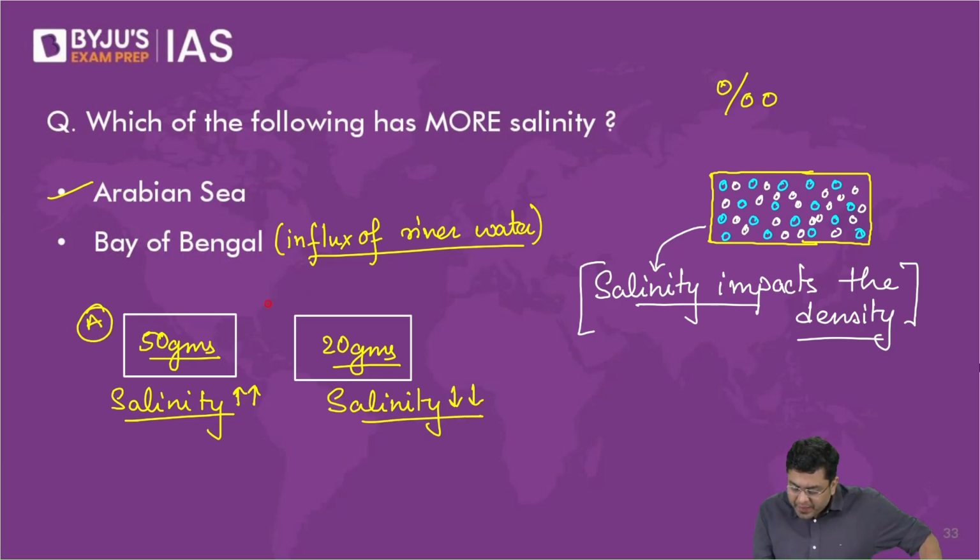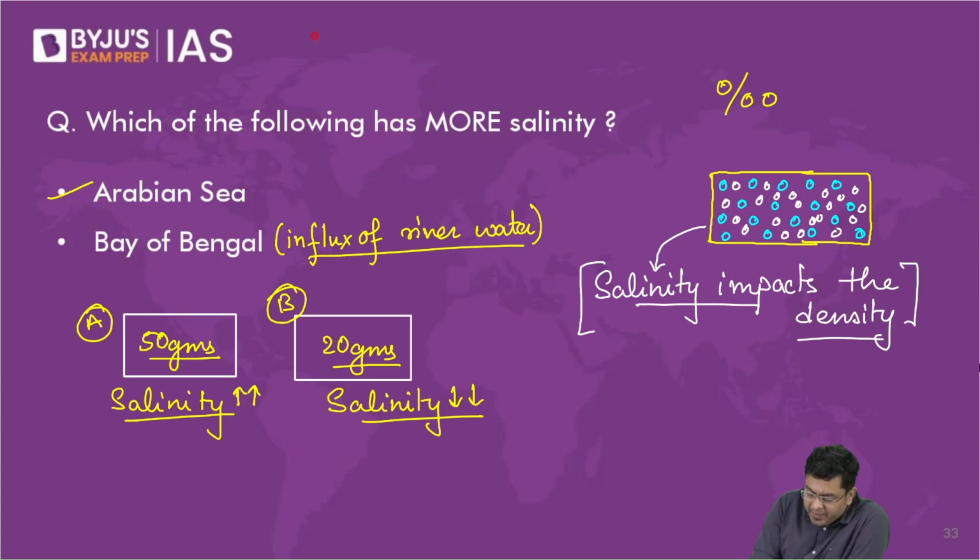Now, if I name this sample as A, and this sample as B, which will be heavier? A or B? Always A. A will be heavier. It represents more amount of salt.